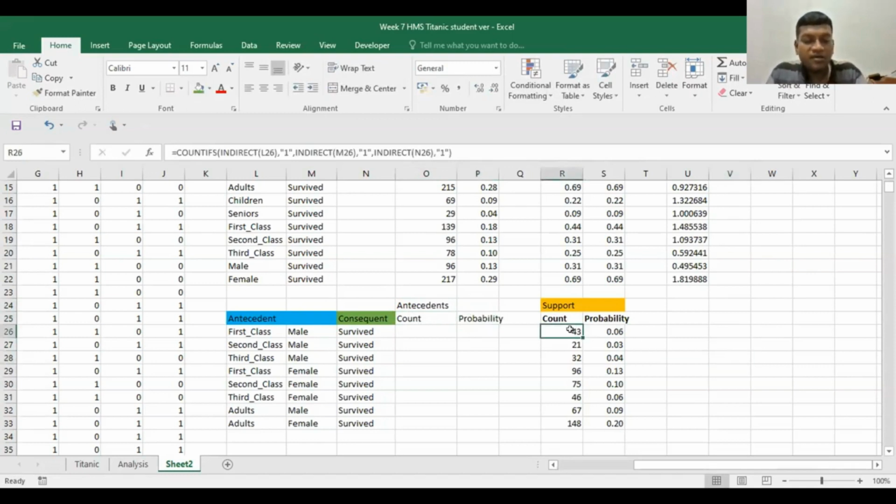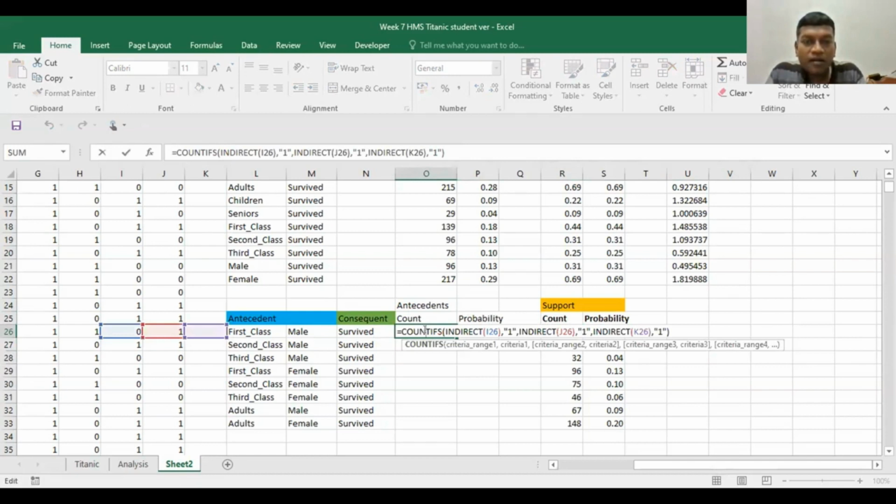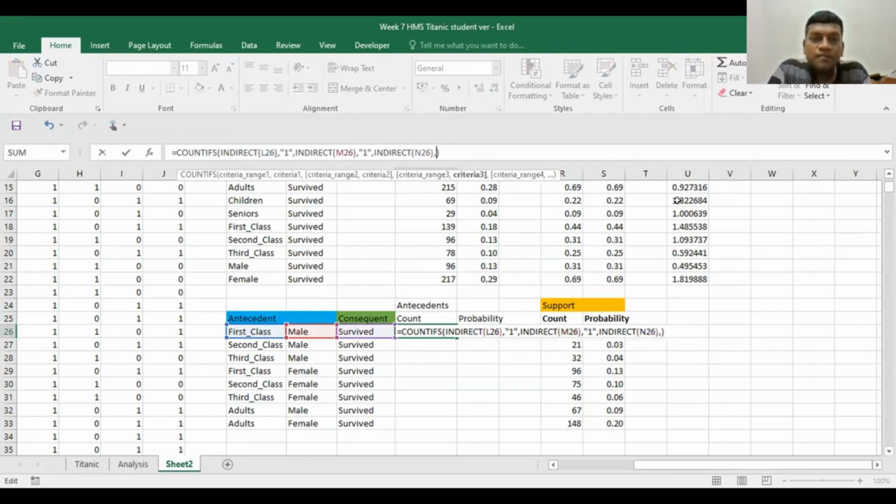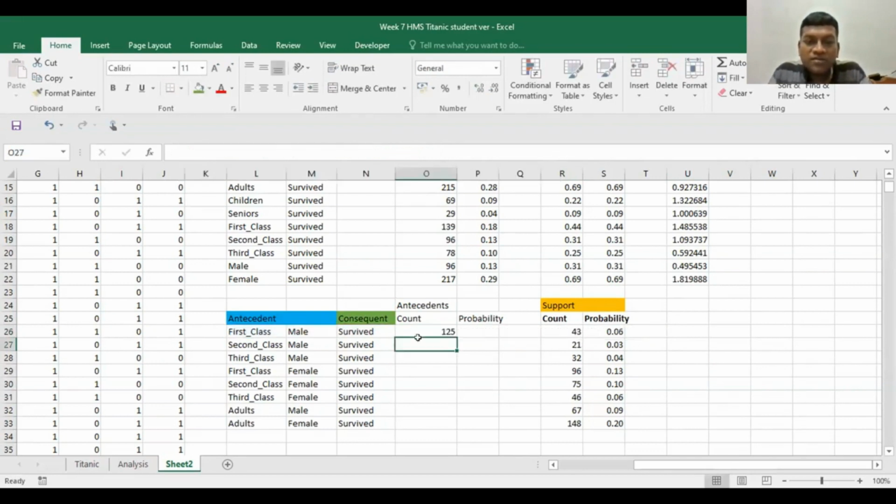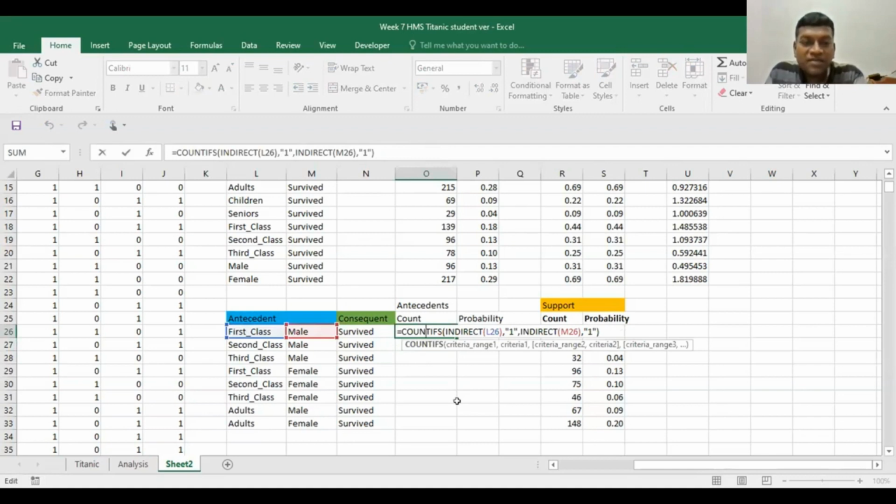It's basically the same thing, Control C and Control V, but I don't want survived. So I'll remove the third reference, that is INDIRECT. So essentially what is counting is counting first class and male.